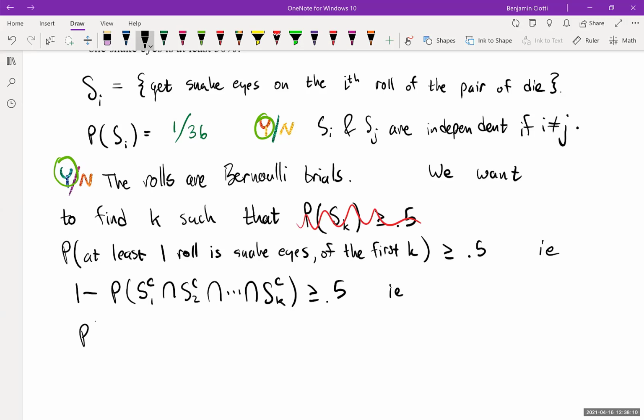So that means we want the probability of the first K trials having no snake eyes to be less than 0.5. Now, each of them is independent. They each have the same probability.